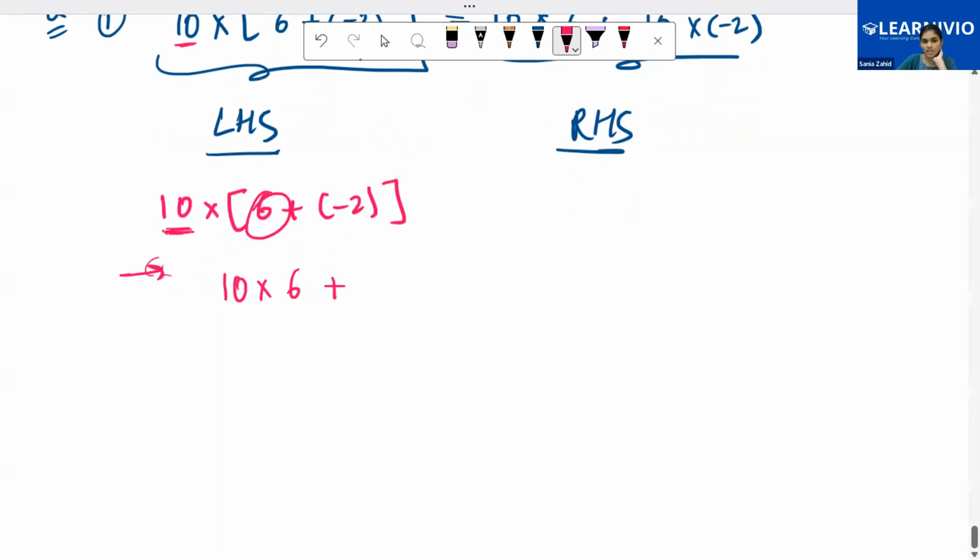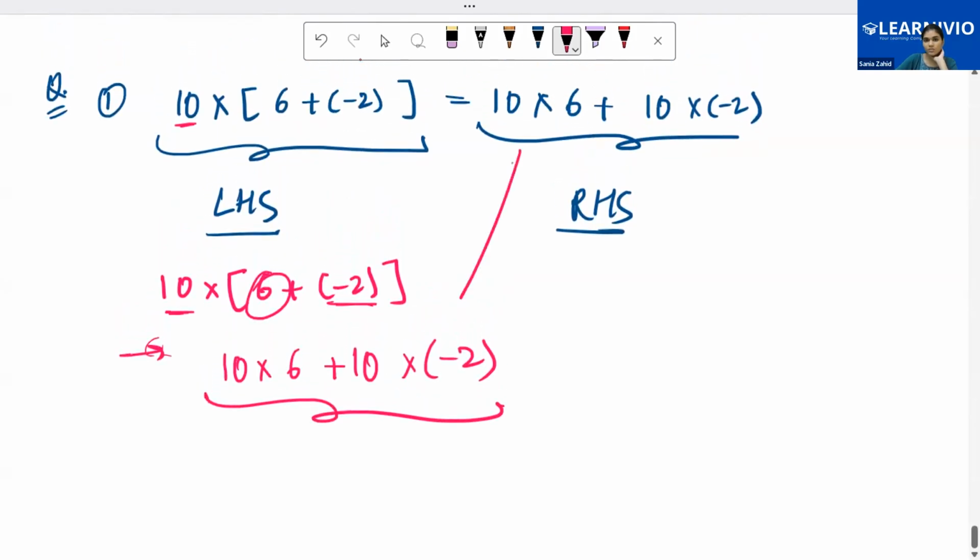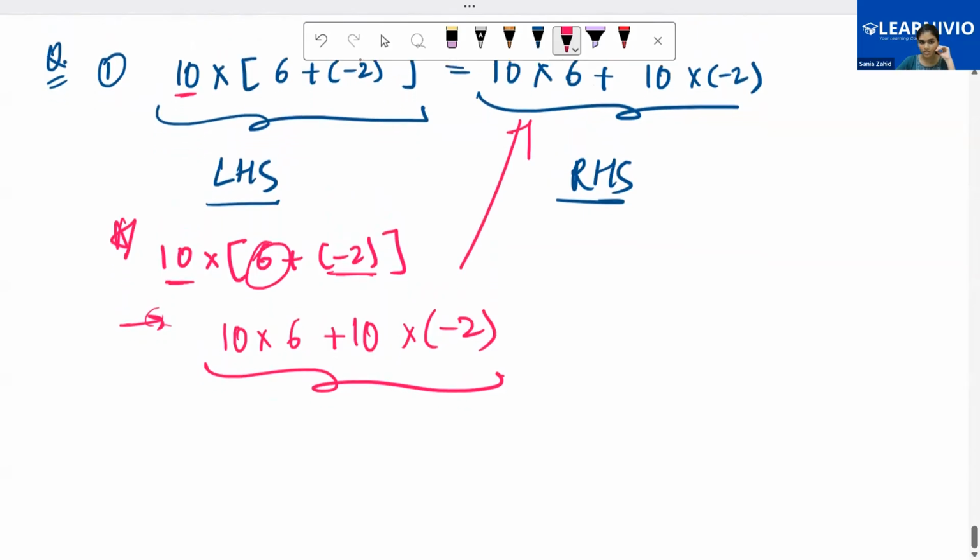Then I will multiply 10 with the second number, which is minus 2. See, this statement is written over here. Can you relate that this is the distributive law? I have just opened the bracket. So yes, LHS is equal to RHS.